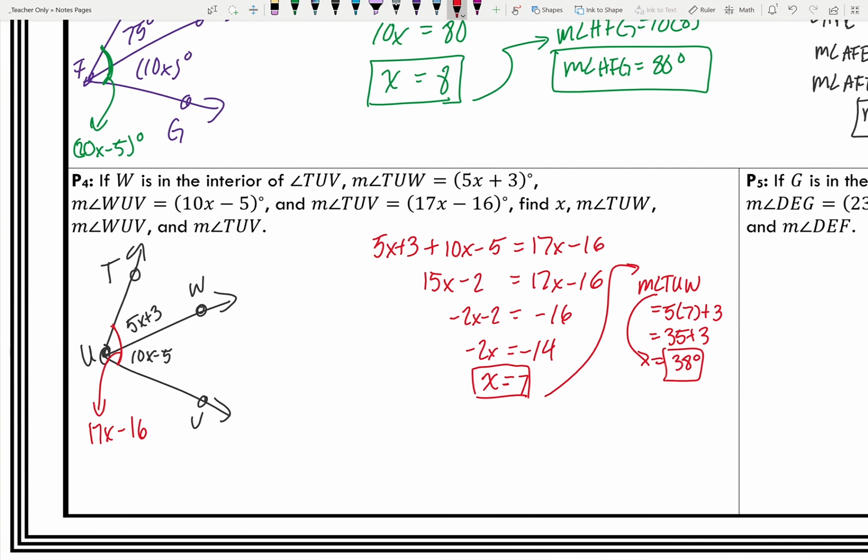Let's find WUV now. The measure of angle WUV is equal to 10 times 7 minus 5. So that's equal to 70 minus 5. So the measure of angle WUV is equal to 65 degrees.